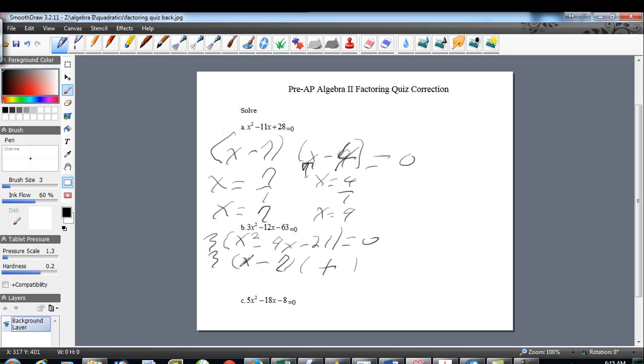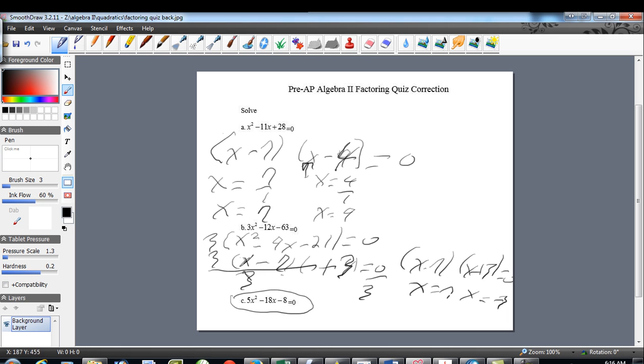This is a 7, this is a 4. Get it from your tree. Actually this should be a 3 because 7 times 3 is 21. So just look at your answers. Divide by 3, divide by 3. You have x minus 7, x plus 3. So now all you have to do is x equals 7 and x equals negative 3.